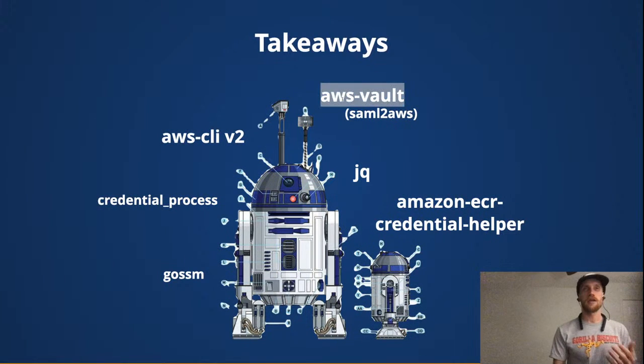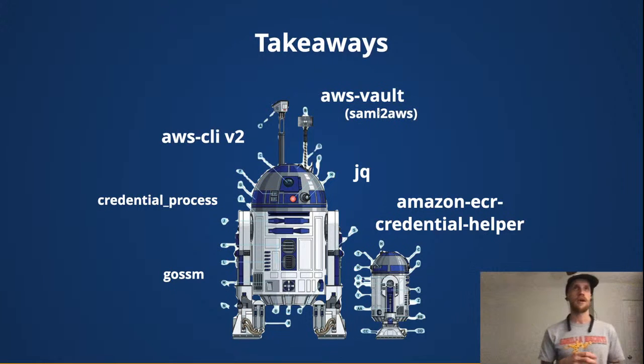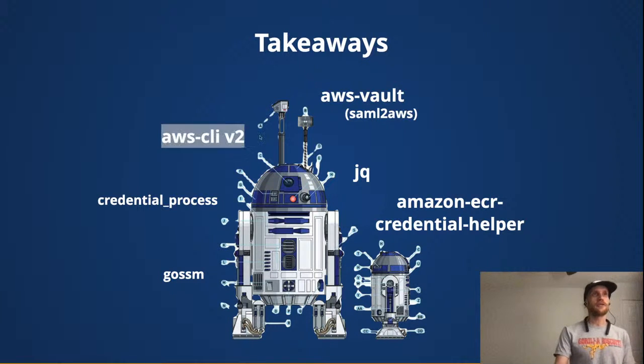Use AWS Vault. I think I've said that enough, but really, really great tool. A similar tool is SAML to AWS, if you're using the SAML provider for your IDP with AWS. And there's also an Okta one. I should link that. Maybe I'll do that in the repo after this. I would definitely download the AWS CLI v2.